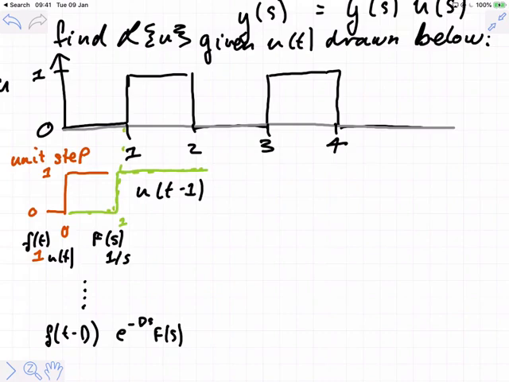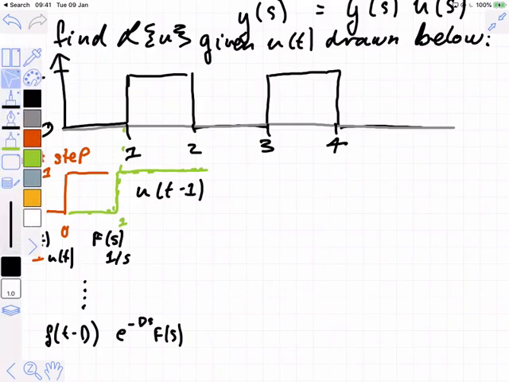Okay. I also know that because of this Laplace translation rule, I can very easily handle translated versions of the signal, right? Because if I know what the function is, if I see that it's being translated, if I see this negative over here, so that's the clue.